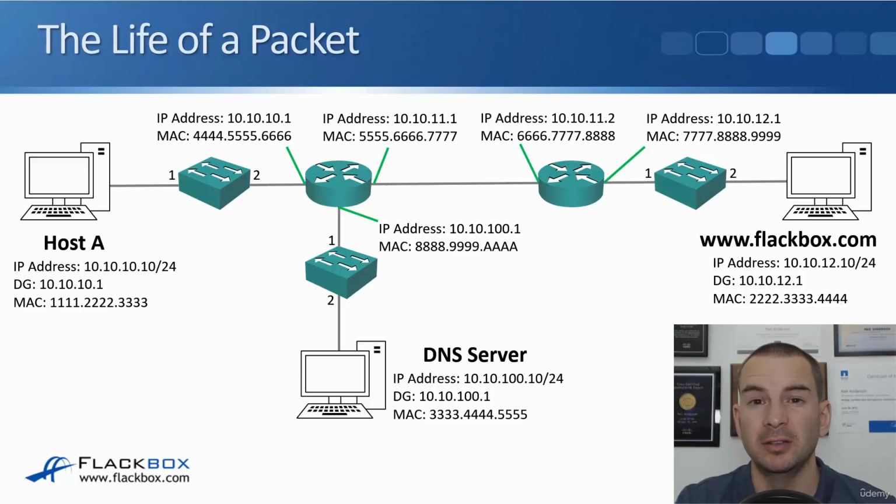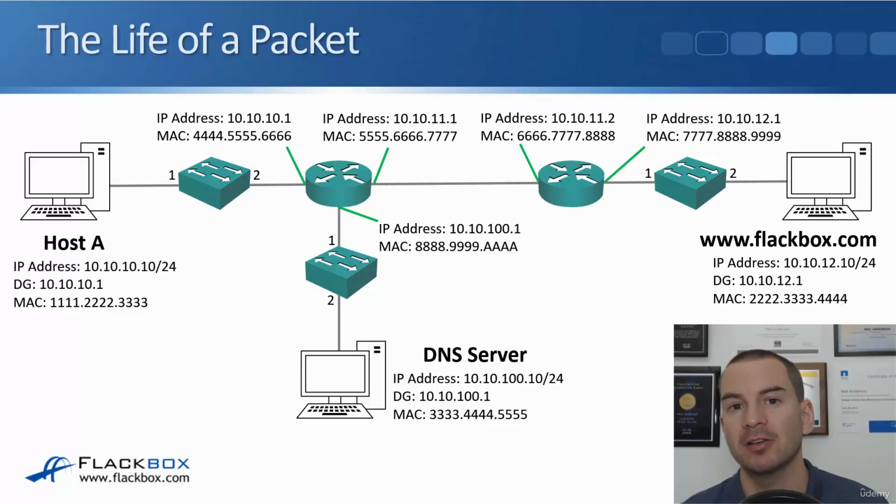I've deliberately included multiple subnets, routers, and a DNS server because I want it to mimic what you would see on a real-world network, because I want you to be confident that you can work on real-world networks and you understand how IP networking actually works. Because of that, there's quite a bit to this example, so it's going to take a little while.